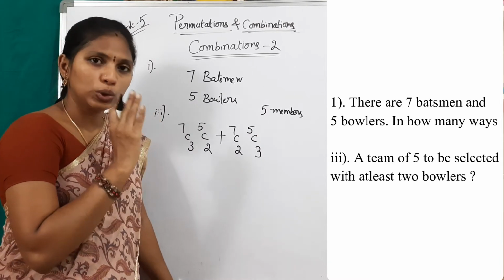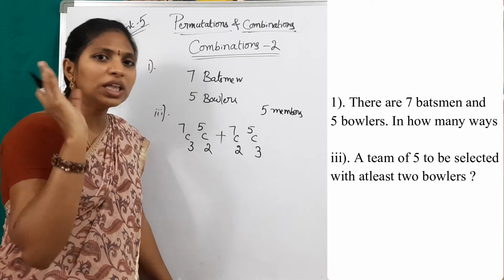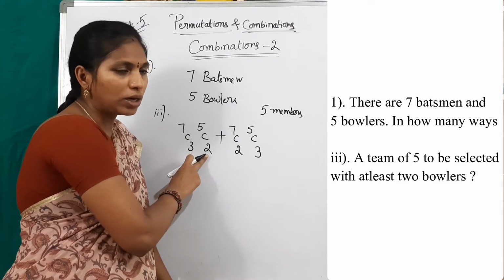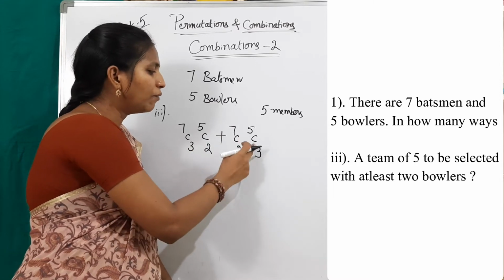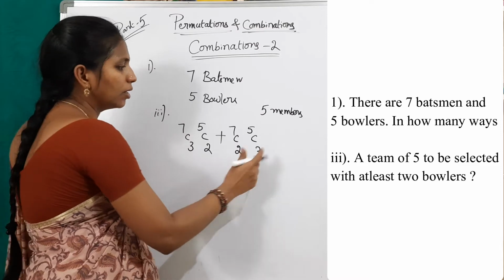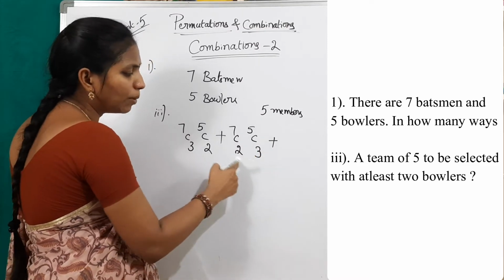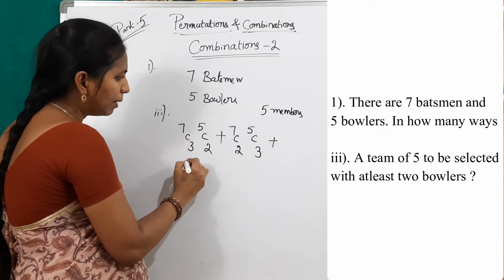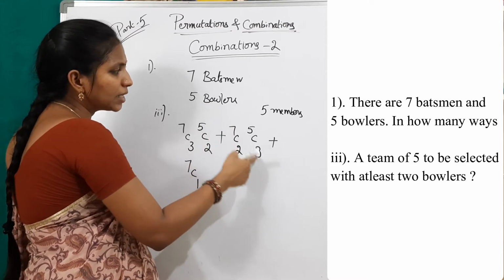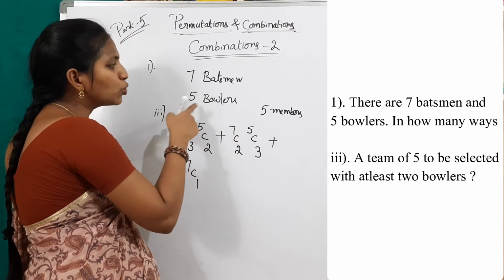Here the condition is at least 2 bowlers, meaning 2 bowlers or more than 2 bowlers. So it starts from 2 bowlers and increases one by one. 5C3 is also another chance. Plus, total how many members? 5 members only. Plus 7C1 into 5C4: decrease batsmen and increase bowlers because at least 2 bowlers.